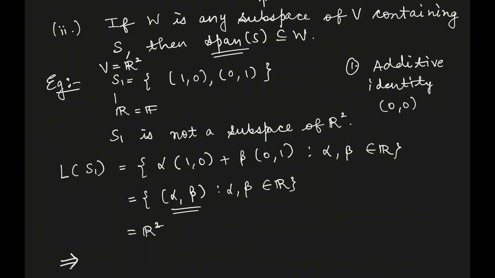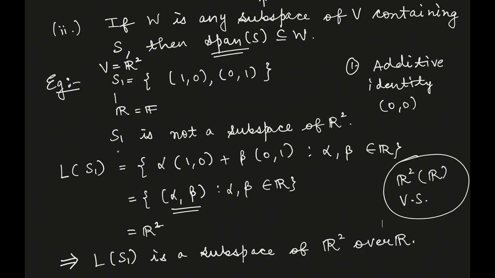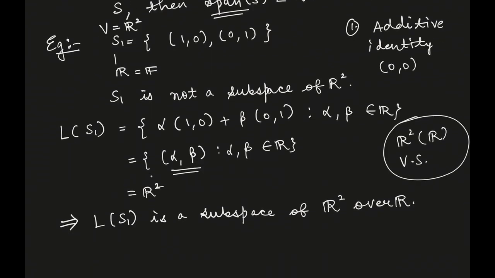So spanning set of S1 is a subspace of R square over R. Because I told you that R square over R is a vector space, na? We have discussed this in the previous class. Yes, ma'am. So this example tells that S1 was not a subspace, but all the possible linear combinations of S1, means spanning set of S1, is a subspace of R square over R.